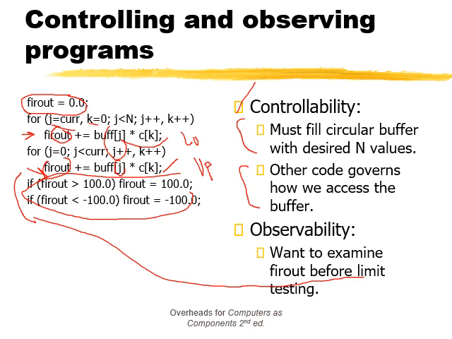This is how we access the buffer here for the lower part, here for the upper part of the buffer, and these two lines are the limiting test. So if FIR out goes out of range, for a positive value we will set FIR out to be 100. If it goes less than minus 100, negative, we will set minus 100. So this is the limiting code.